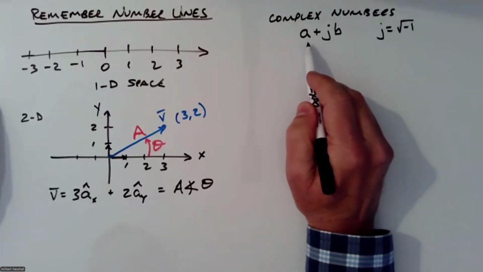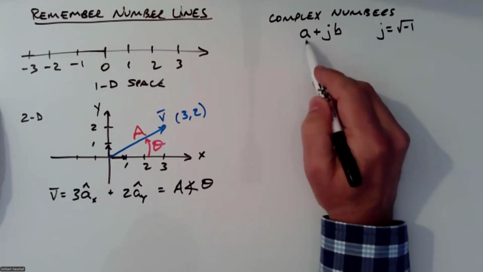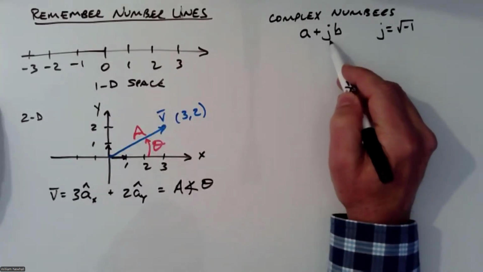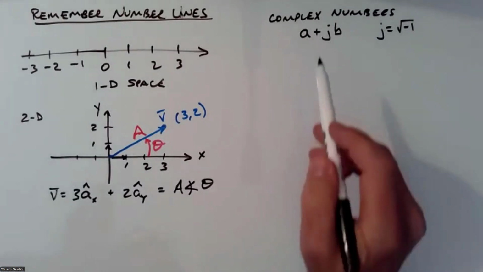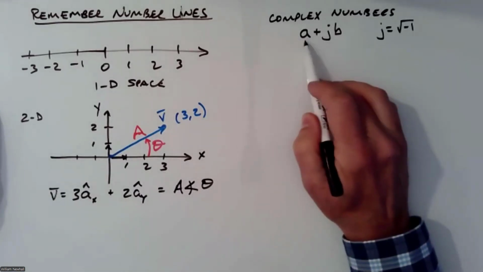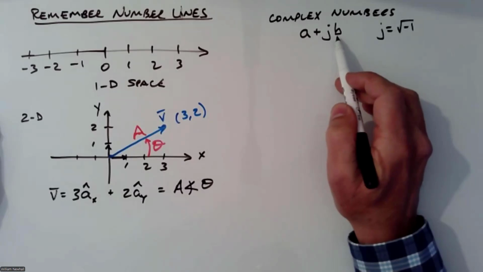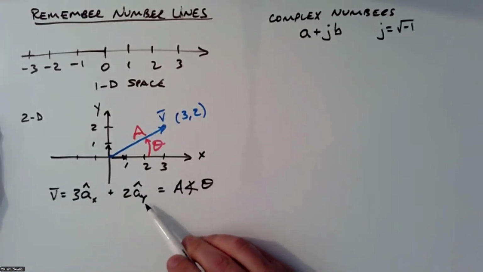Remember that when you add complex numbers, you add the real part, A is the real part. You add the imaginary parts, JB is the imaginary part. And you never add real to imaginary or imaginary to real. You treat the real part and the imaginary part separately when you add complex numbers, right? Well, that's just like adding two-dimensional vectors together.